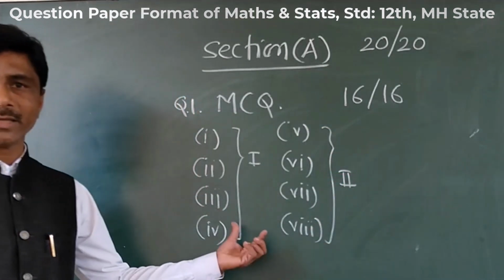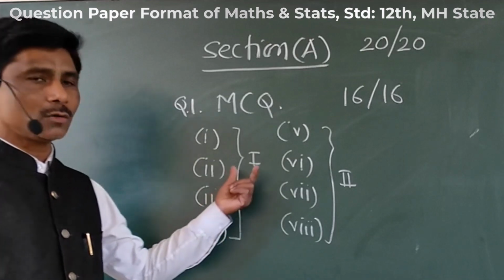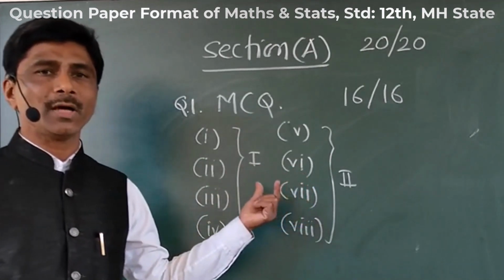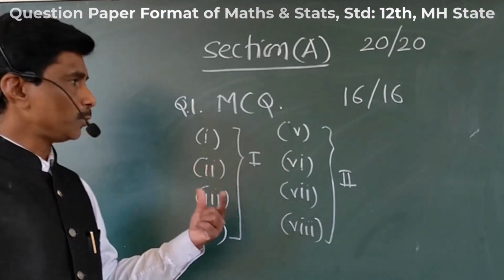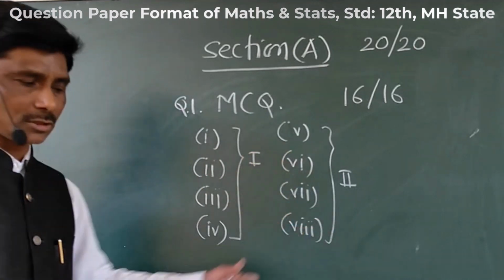So totally 8 MCQs are asked in the examination. Out of that 8 MCQs, 4 MCQs are from part 1 and 4 MCQs are from part 2. This is a compulsory question.